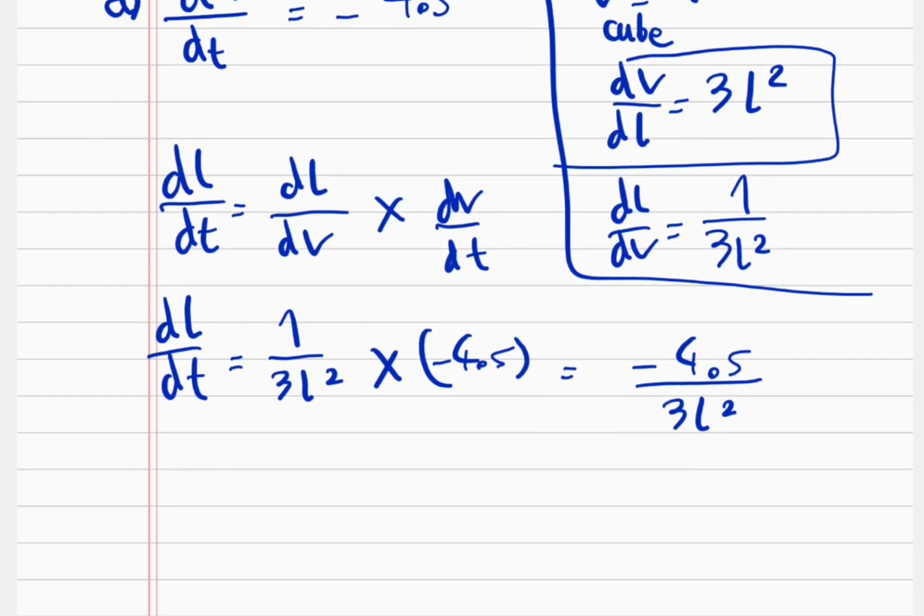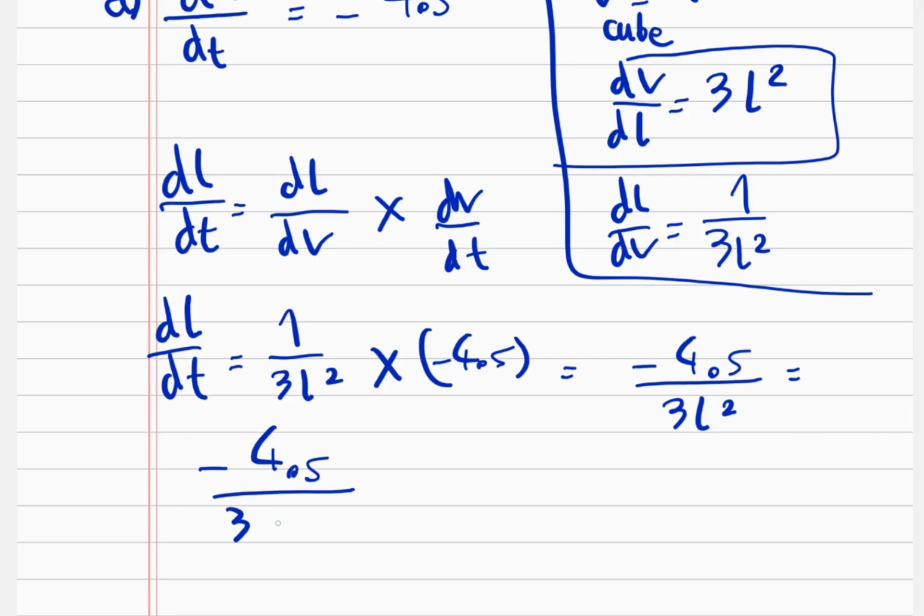Now we need to substitute that here. So we'll have minus 4.5 over 3 times L squared, where L is the cube root of 100, squared.